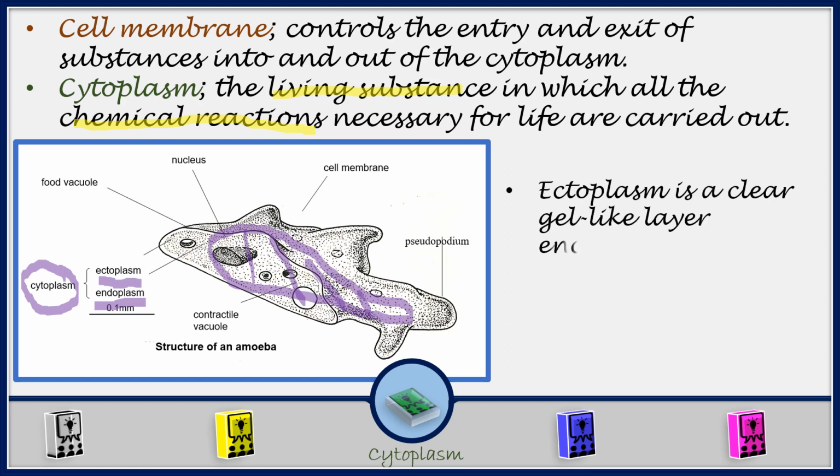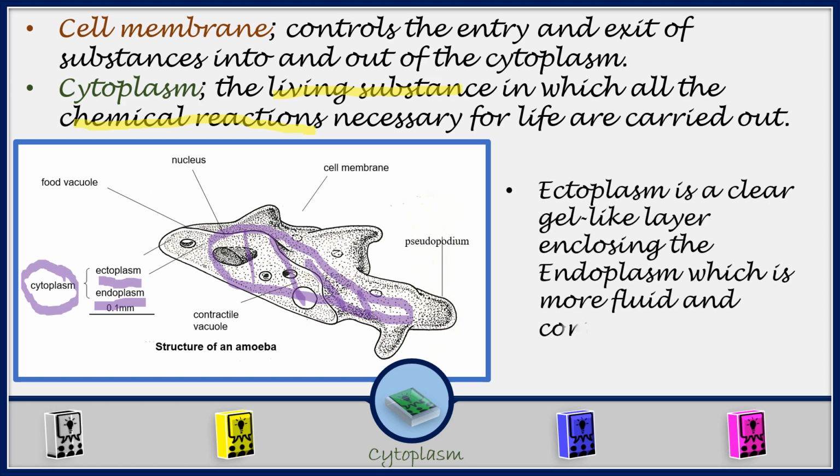The cytoplasm, we have said, consists of the ectoplasm. This one is a clear gel-like layer which is enclosing the endoplasm. So we have the cytoplasm divided into different layers.